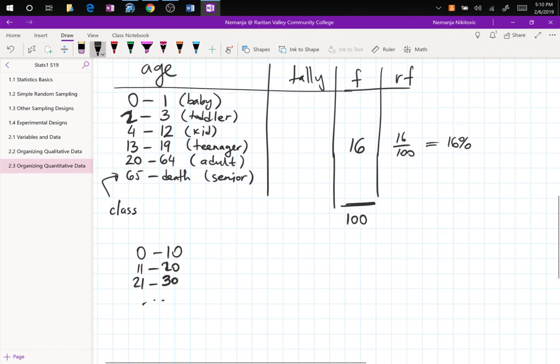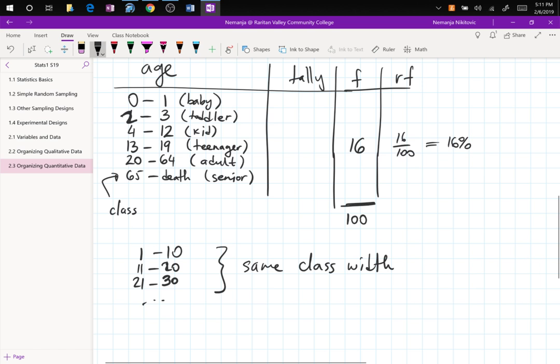You can do it that way. Each one would be the same width in this case. So this is over here, same class width.